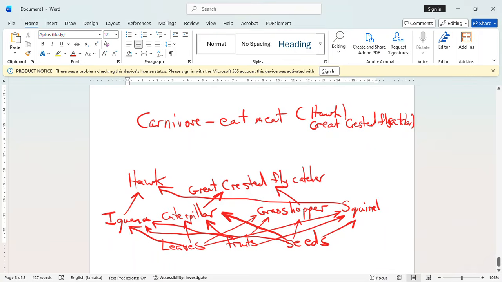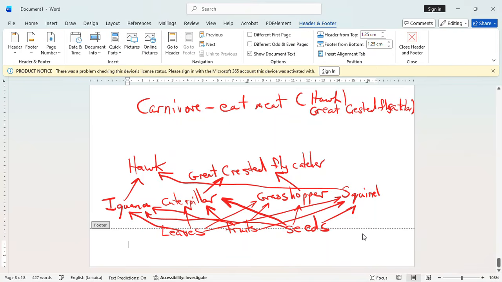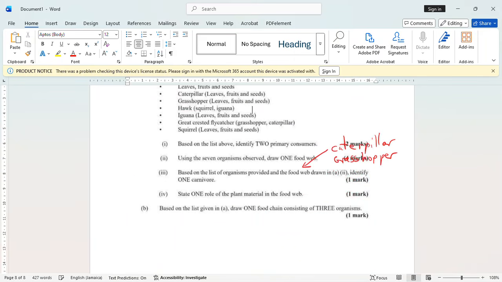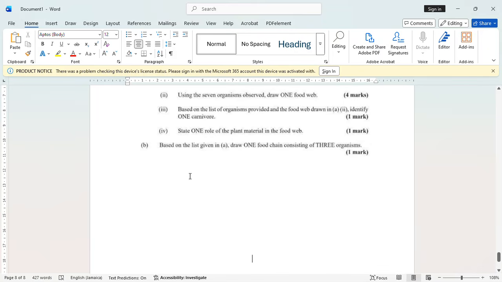What's the role of the plant material? All right.